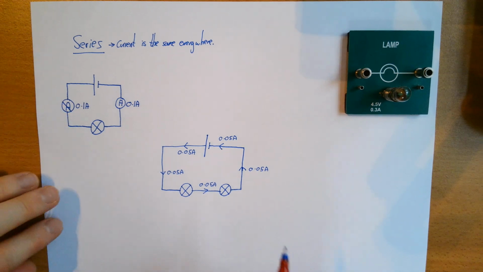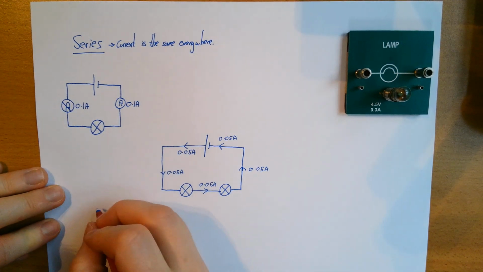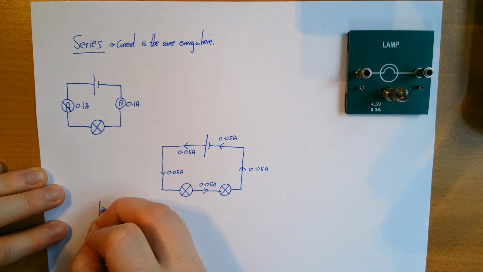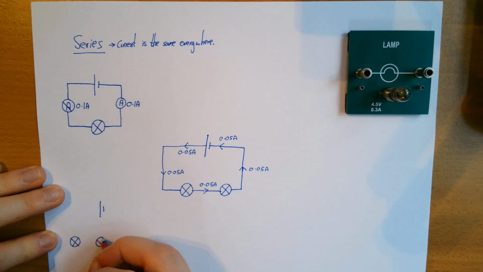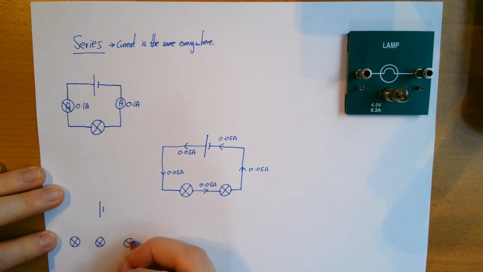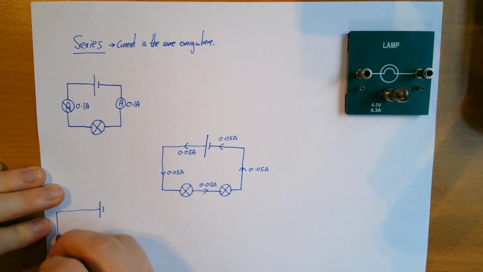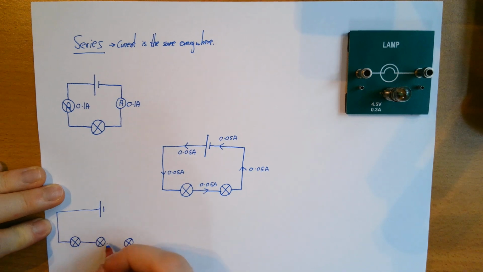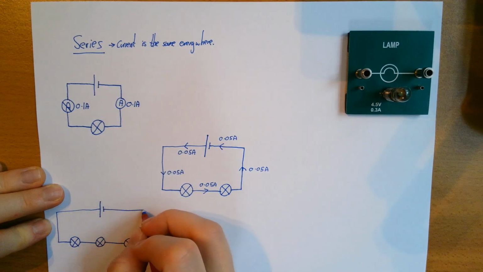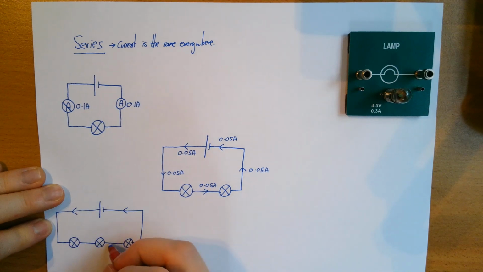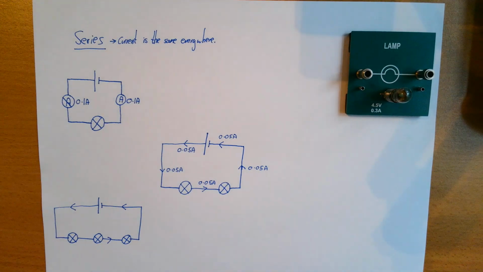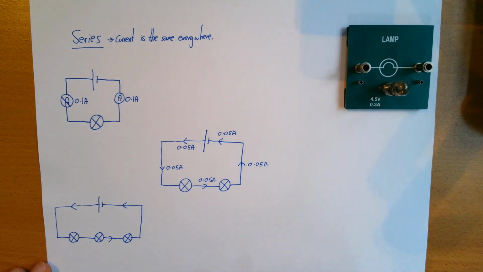Now here's another trick. If I keep my one cell, but I put three bulbs: 1, 2, 3. I'm going to look at the current at this point, but really I need to look at it at one point because it's the same everywhere.